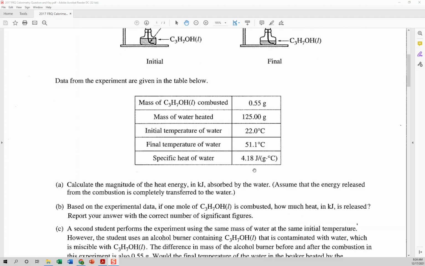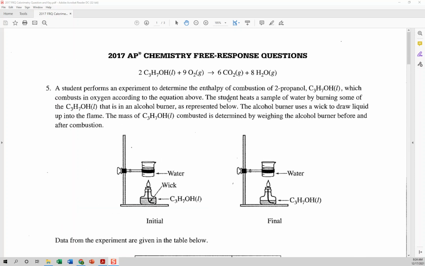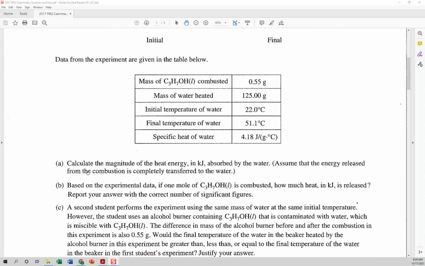I know that's going to be a big mistake that a lot of kids would have made in this question. All right, so that's the whole scenario, okay? And then these are the three questions we need to answer. It says calculate the magnitude of heat energy in kilojoules absorbed by the water, okay? And it says assume that the energy released from the combustion is completely transferred to the water.